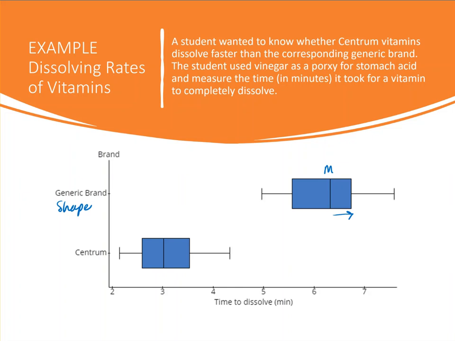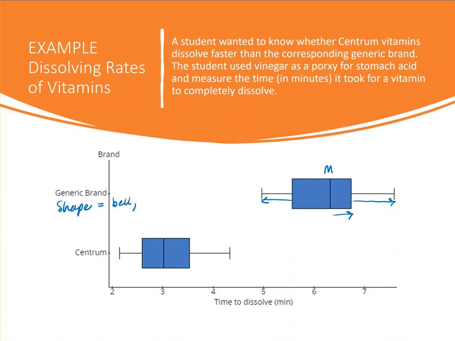However, the box itself looks to be evenly spaced within these lines. So an argument could be made that the shape of our generic brand is roughly symmetric or bell-shaped.